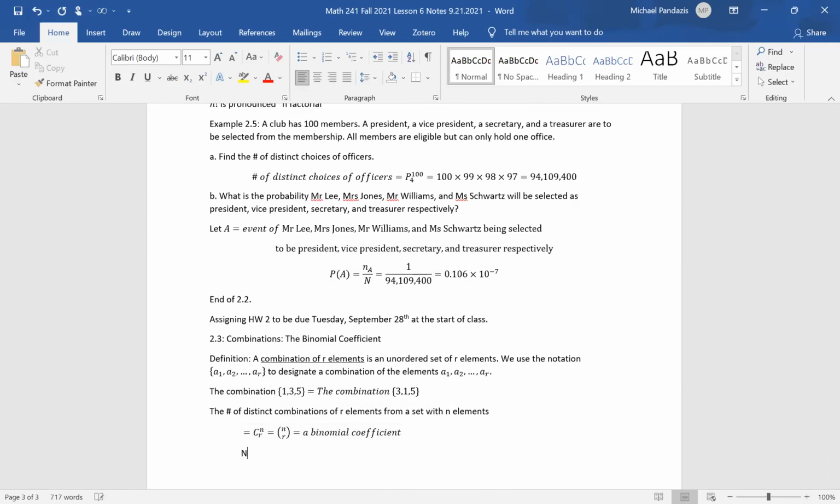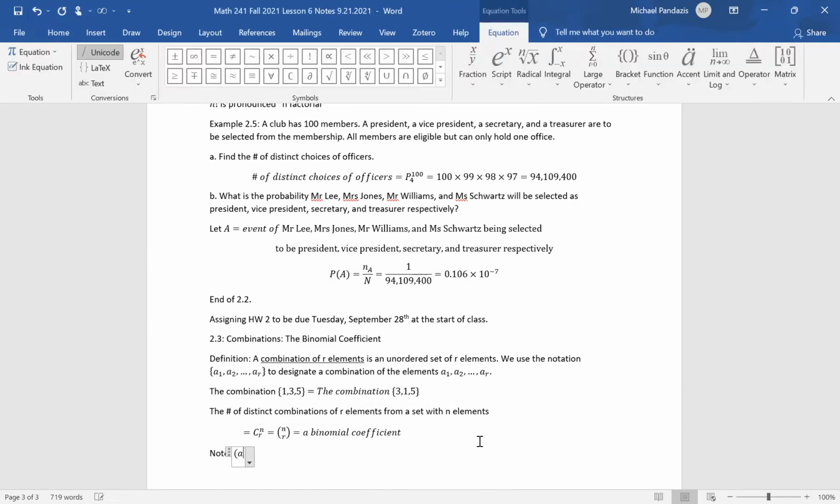The reason it's called a binomial coefficient is because you can see from this equation, if you take A plus B and raise it to the nth power, this is equal to a sum. After FOILing out, you'd say A plus B times A plus B times A plus B times dot dot dot times A plus B, where there are n of them in the product.